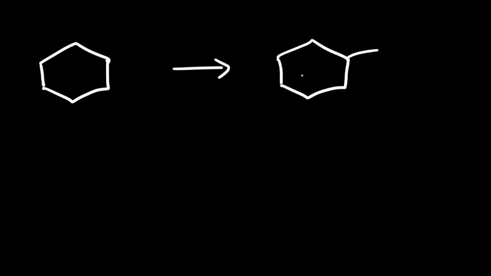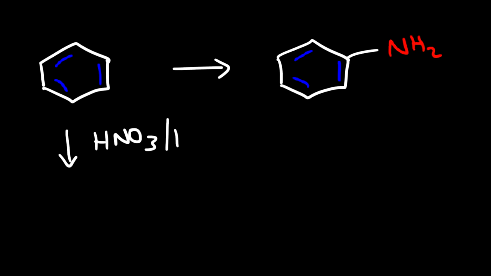Now, let's convert benzene into aniline. So what reagents do we need in order to put an NH2 group on a ring? Now keep in mind there's multiple ways in which to do this, but I'm going to focus on the electrophilic aromatic substitution reactions that will lead to this product. One simple way is first to use nitration, nitric acid and sulfuric acid.